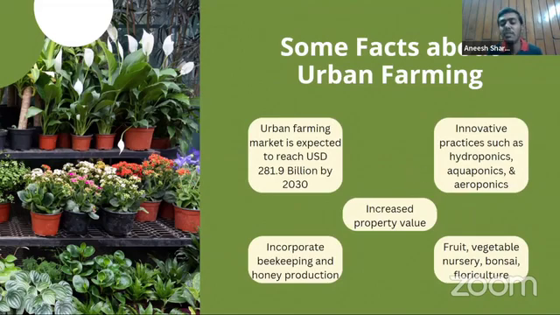Some other facts that I would like to talk about: urban agriculture, basically urban farming, also incorporates nowadays practices such as hydroponics, aquaponics, or aeroponics. Basically, it doesn't require any growth media like soil or coco peat. It can be grown on other inert material like rock wool or clay balls, or by supporting with a wire mesh.